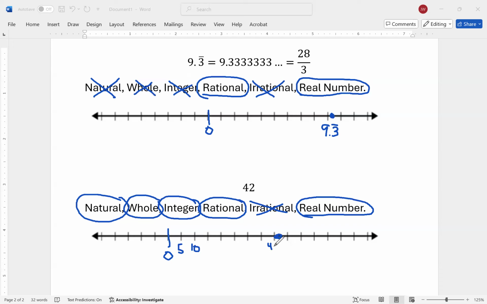So there's 40, but under 45. And that's where 42 is. So that's another way to do it. Instead of making your jump size 1, make your jump size 5. Or if you made your jump size 10, you could do it even a shorter distance. So a couple ways of plotting 42 on a number line.